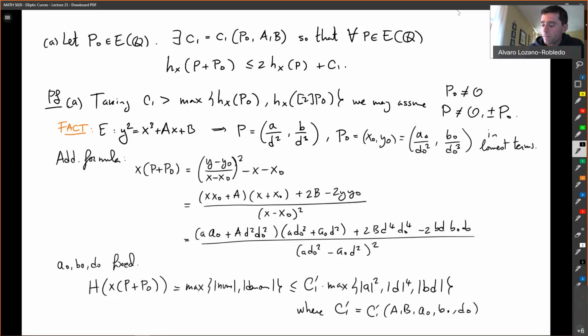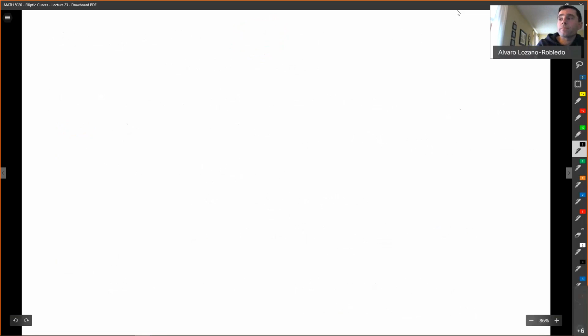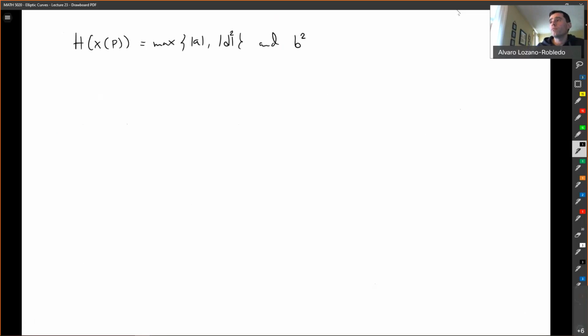And on the other hand, the height of the x coordinate of P is going to be the maximum of the absolute value of A and the absolute value of D squared, right? And remember that P was A D squared, B D cubed, right?